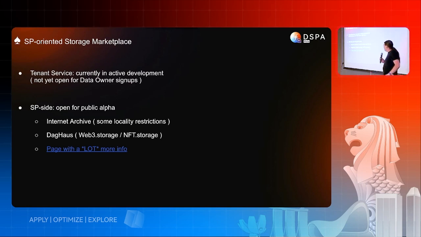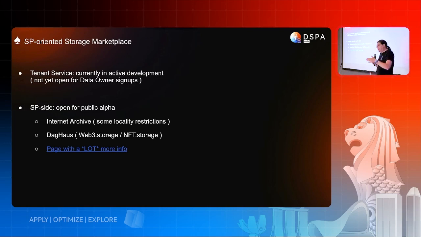So today we have two large data owners, and we keep them in public alpha for any SP to sign up. Internet Archive, you all know the Internet Archive tries to save all the pages on the internet. They have a few locality restrictions. For policy reasons, they cannot work with storage providers who are in mainland China, basically behind the Great Firewall.